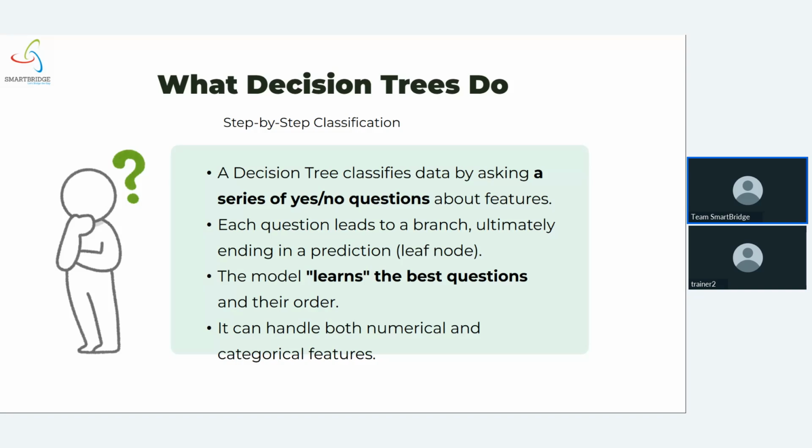In the series of questions, the first level is an important one. Let's take this example: I want to play outside. This is the most famous example that will be taken every time you learn the decision tree. I want to play outside and the climate is sunny, rainy, or something else.